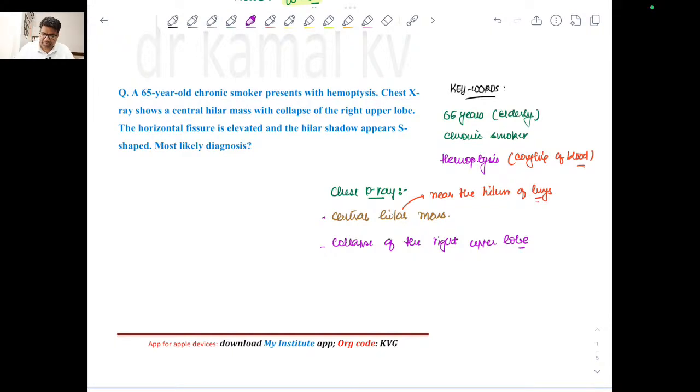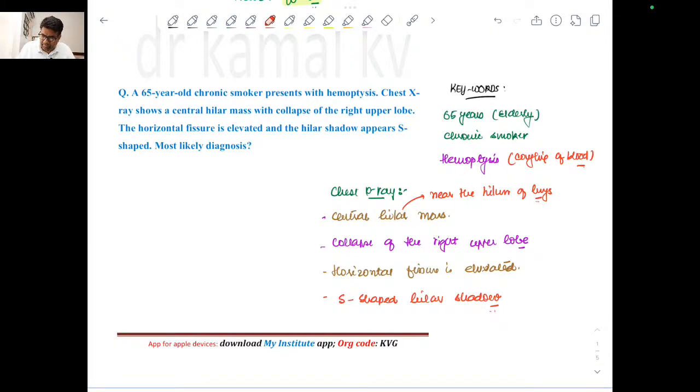Lokesh, good morning. So there is collapse of right upper lobe. The horizontal fissure is elevated and there is the classical S-shaped hilar shadow. Now you have this many clues with you.